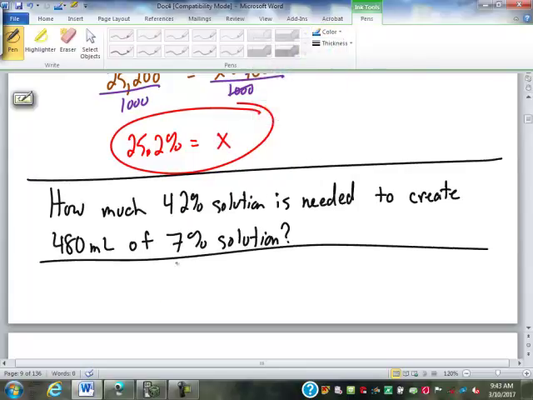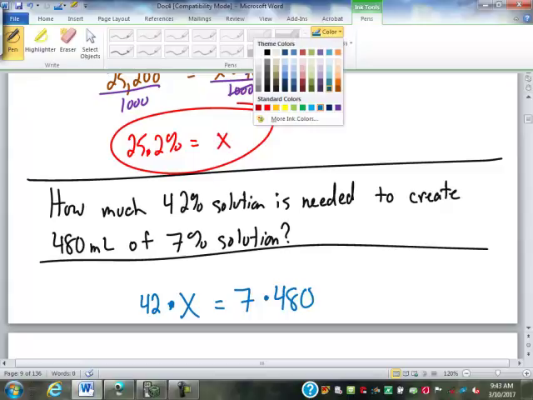So this time we have the 42%. We do not know how much of it we have. We're diluting it to 7%, and we have 480 milliliters of the 7%.